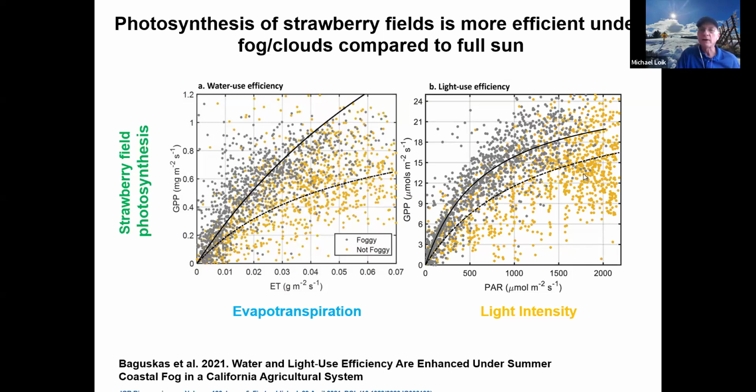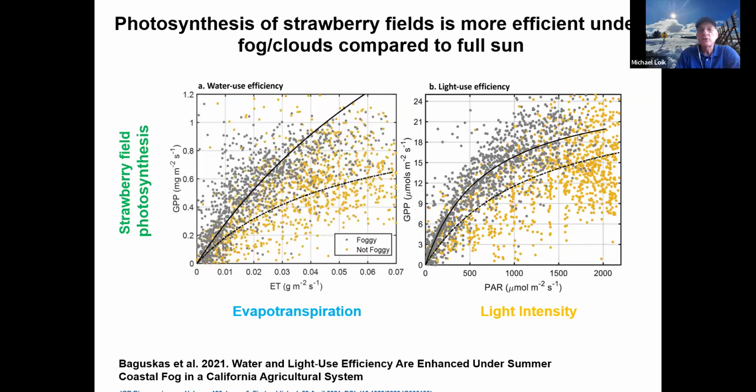So gray for fog, orange for sun. And so on the x-axis is light intensity, again, going from darkness at 0 to full sun at 2000. And on the y-axis is strawberry field photosynthesis, or the amount of carbon dioxide going into the field at any point in time. And we see a solid line and a dashed line.